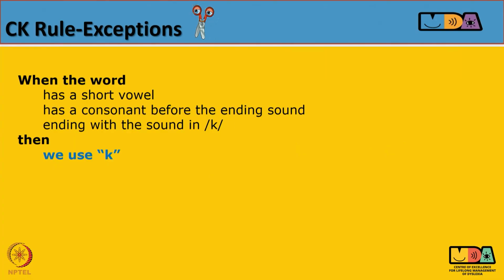I have told you that every rule will have an exception. When there is a consonant sound coming before the K sound in a single syllable word with a short vowel sound, then we do not say CK, but we say K and we write it with the K. For instance, in the words pink, tank, plank, plonk and junk, you will see that the letter N comes in front of the last K sound.